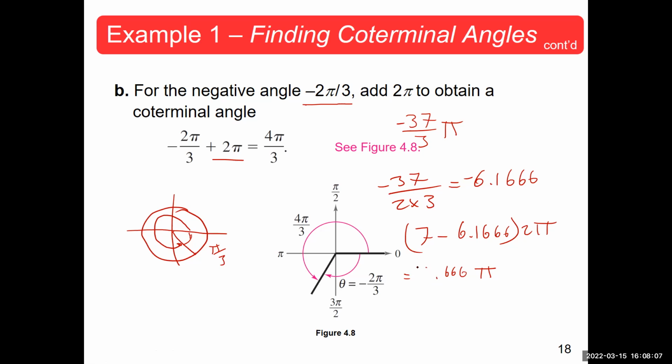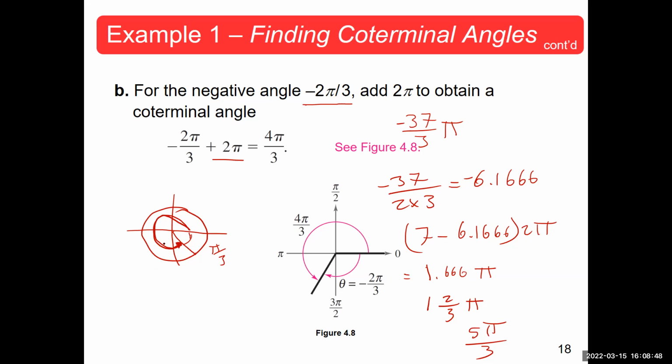Okay, 1.66. So basically this is 1 and 2/3 pi. That's 1 plus 2/3, which is 5 pi over 3. So the coterminal angle is 5 pi over 3. From here all the way to here is 5 pi over 3.